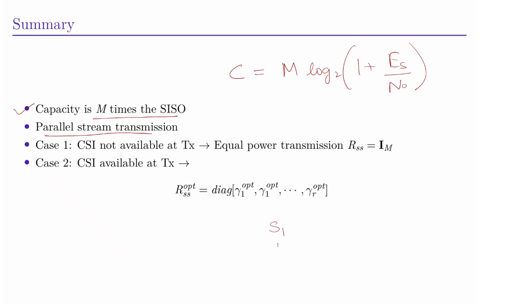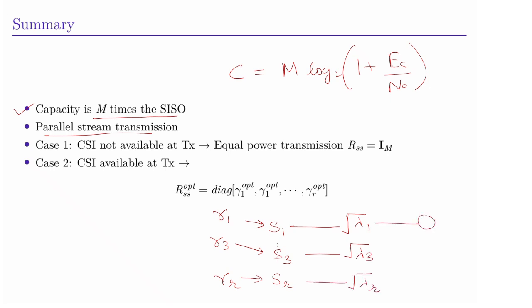We have symbol S1 and so on, up to symbol SR. Every symbol is allocated some power, let's say gamma 1, and for symbol S3 you have gamma 3, and this is gamma R. Then we have eigenvalues corresponding to it, lambda 3, the root of lambda R. Then noise is getting added, N1, N3, and then NR, and we have the received signals Y1, Y3, and YR.